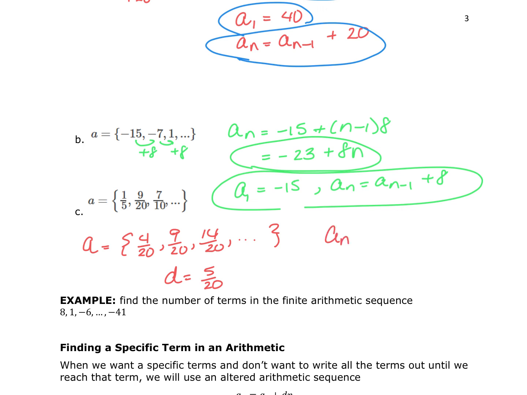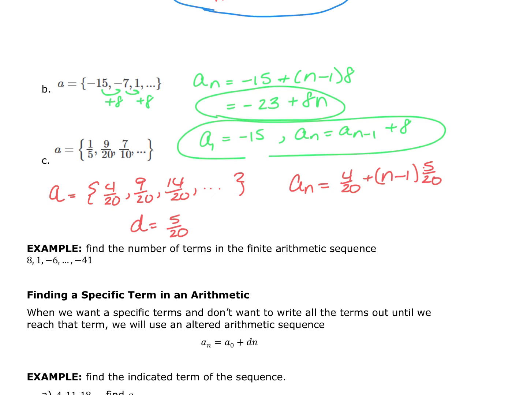So our a sub n is going to be equal to 4 over 20 plus n minus 1 multiplied by 5 over 20. So then my initial term that's really not there would be negative 1 over 20 plus 5 over 20n. So there it is in a concise manner.